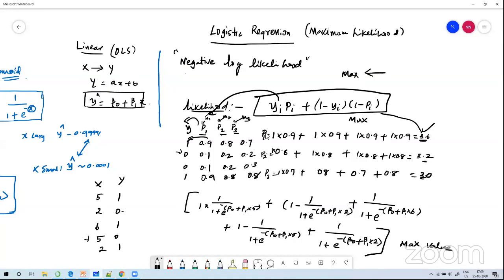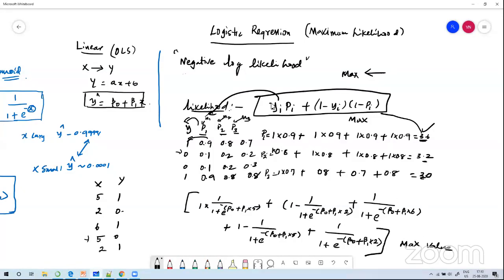Yesterday, we wanted to find the values of beta naught and beta 1 in such a way that the cost function takes the minimum value. Today, we want the values of beta naught and beta 1 in such a way that this cost function takes the maximum value. Why?